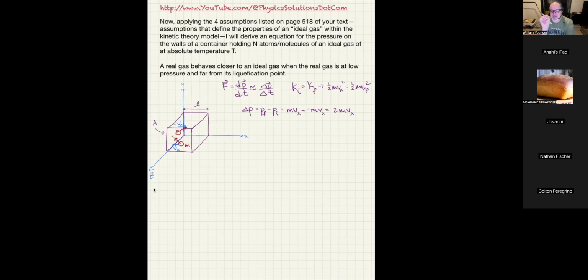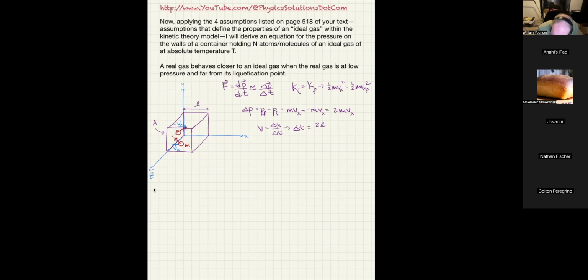So realizing that the mass m is going to move a distance L to get to the right-hand wall, and then another distance L to get back to the left-hand wall, then since velocity is equal to change in distance divided by change in time, the time between consecutive collisions is going to be the change in position, which is a length of 2L, because it's going to go from the left wall to the right wall, and then from that right wall back to the left wall.